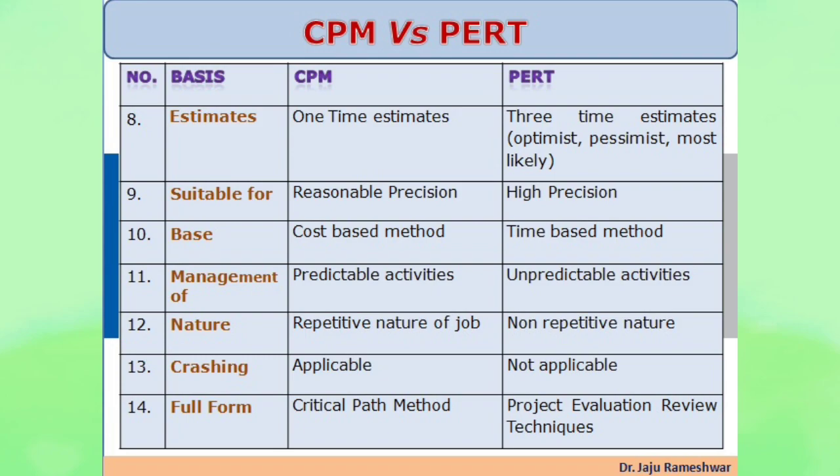It could be useful for only one time, like defense-related instruments. In terms of CPM, crashing is applicable, but it is not applicable in terms of PERT. Crashing is a technique in which resources are added to the project for the least cost possible. That is the crashing one.